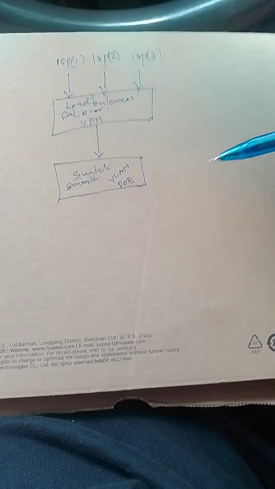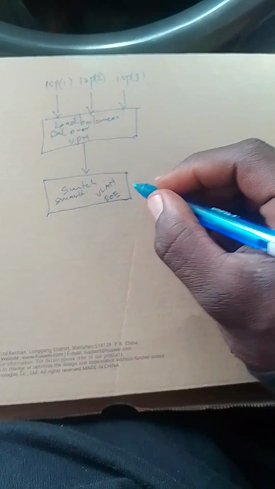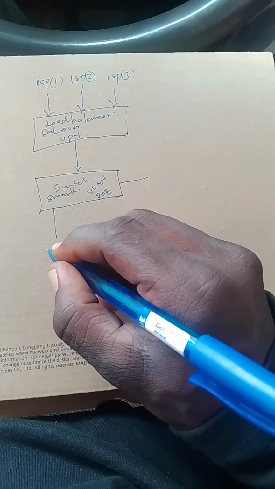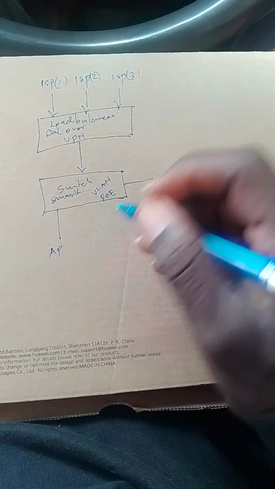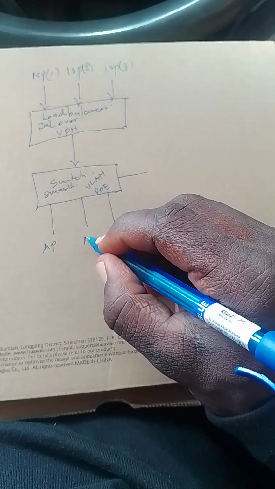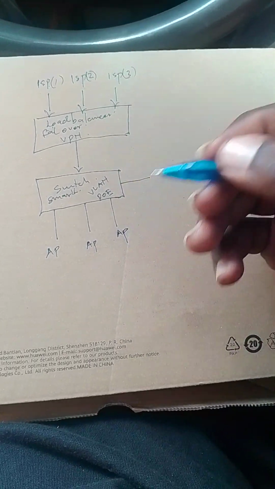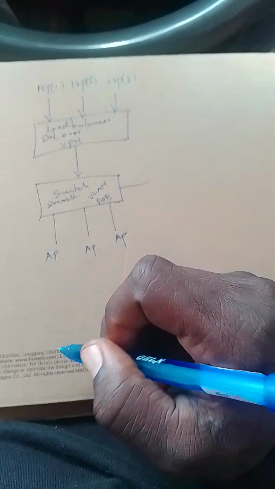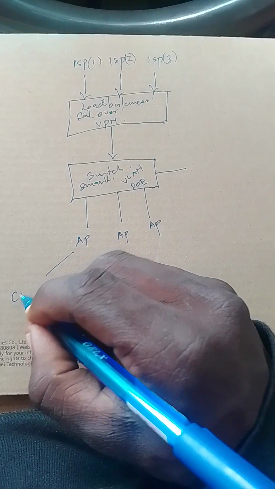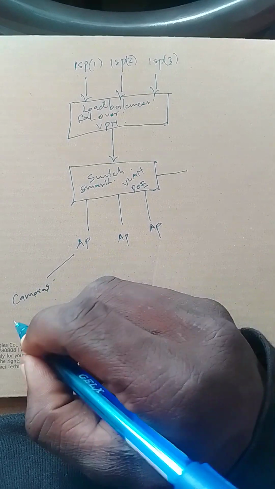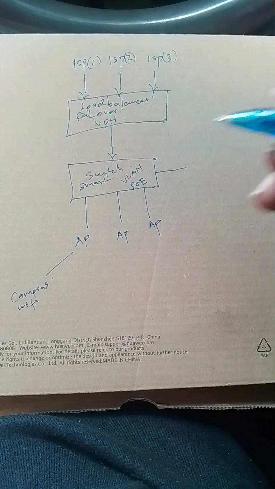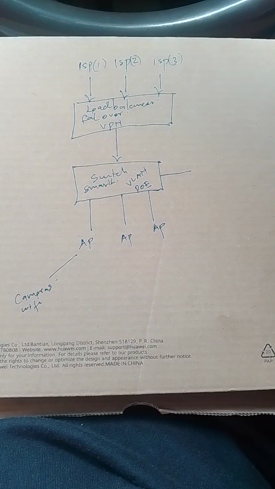So what happens is the smart switch will have PoE powered access points, and we can have as many access points as possible to different areas where we need internet. Now the access points in turn is going to help us connect our cameras, the wireless cameras, the Wi-Fi cameras, be it outside or inside.